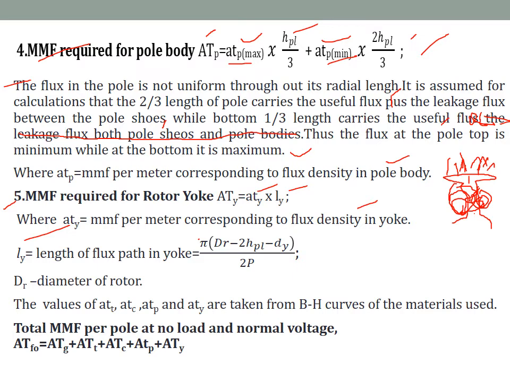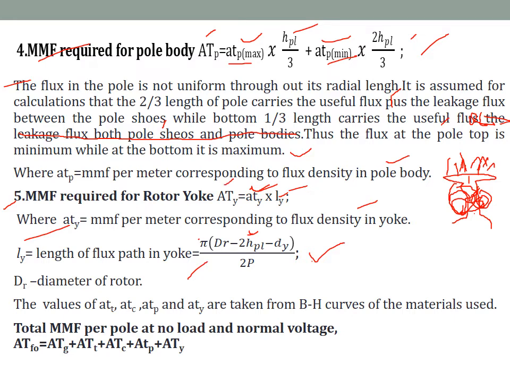From that you subtract 2 HPL, 1 HPL at the top and 1 HPL at the bottom, and Dy by 2 on the top and Dy by 2 at the bottom. So that's why minus Dy divided by 2p. So once you know flux density in the yoke, find the ATY from the BH curve and multiply with this Ly. So you will get ATY.